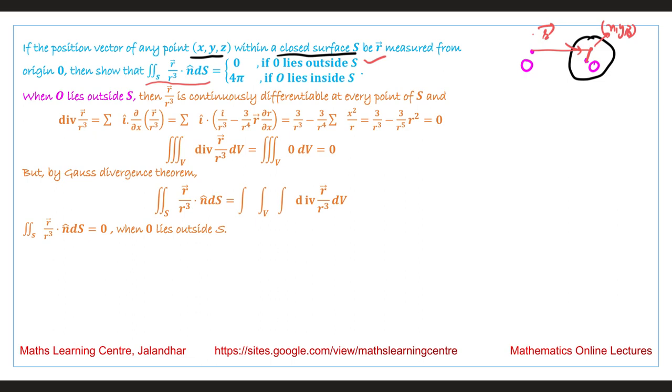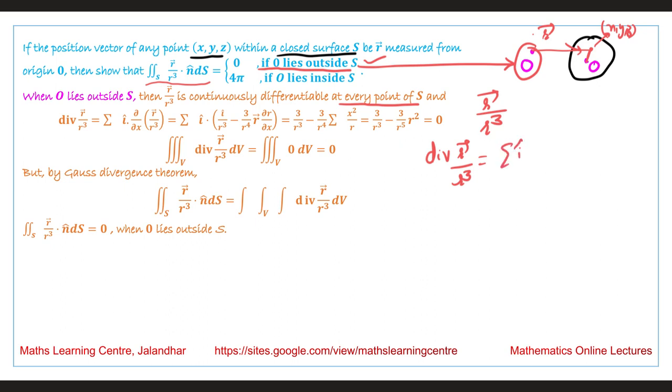So first case we are considering, if O lies outside the surface S, then this function r vector over r cube is continuously differentiable at every point of S, and if we calculate the divergence of r vector by r cube, you know the value, it is sigma i cap ∂/∂x of r vector by r cube.